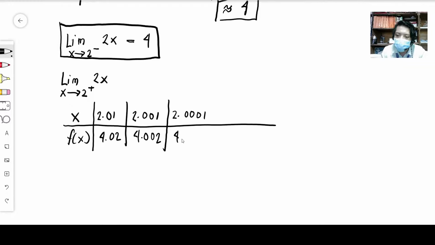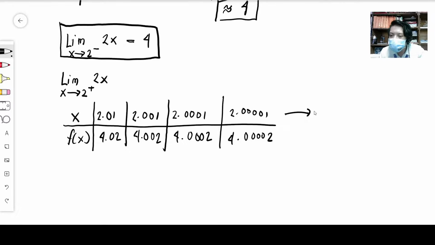So this is 4.0002. Put also 2.00001. This is 4.00002. So if you continue the table of values as x approaches, getting nearer and nearer to 2 coming from the right, then eventually your value of f of x will approach 4.